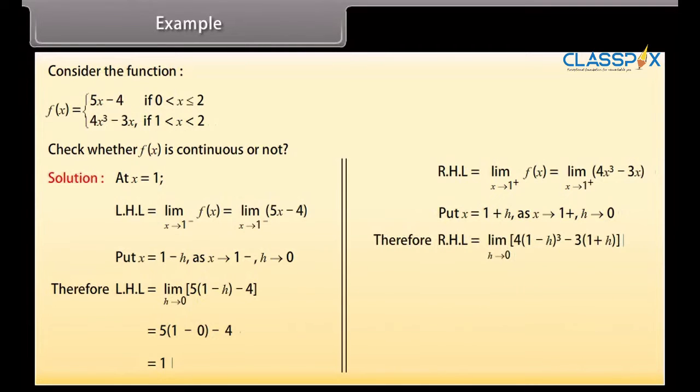Therefore, right-hand limit is equal to limit h approaches 0 of 4 into 1 plus h cube minus 3 into 1 plus h, which is equal to 4 into 1 plus 0 cube minus 3 into 1 plus 0, which is equal to 1. F of 1 is equal to 5 into 1 minus 4, which is equal to 1.